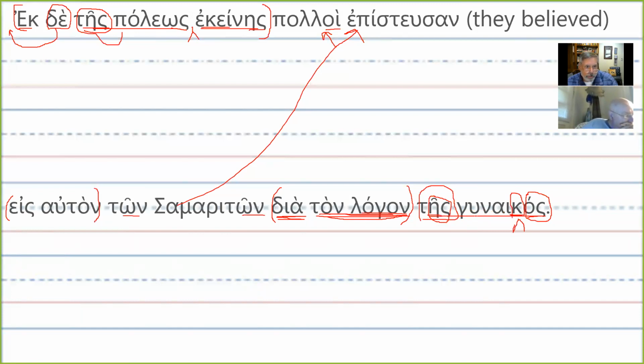And so it is "the woman," but because it's in the genitive, it's "of the woman." That's our helping word. So our sentence would be: but from that city, many of the Samaritans believed in him, into him or in him, on account of the word of the woman. Does that help? Yep. Okay.